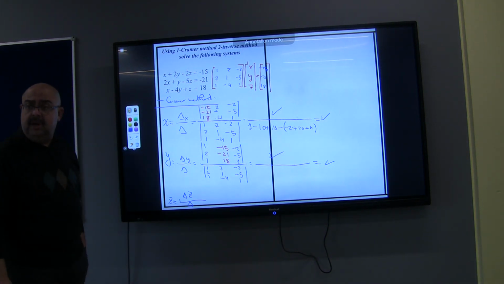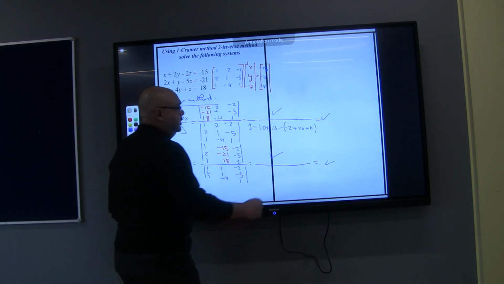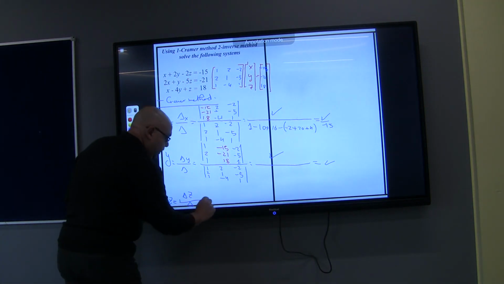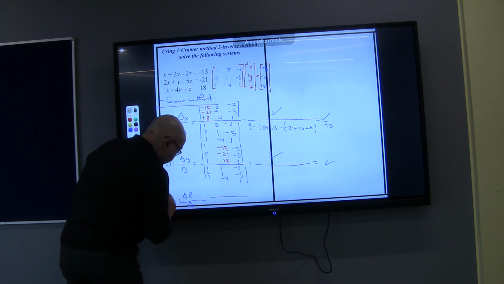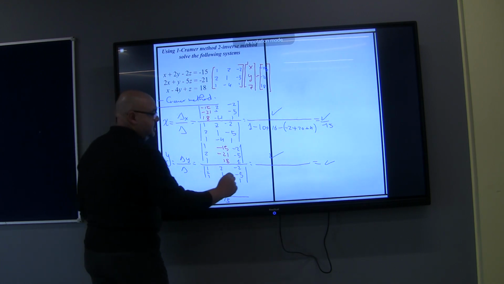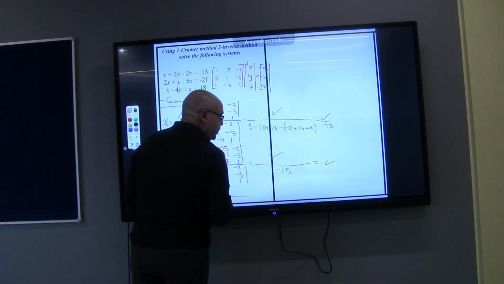What did you get? How much? Negative 15. So you will find the negative on top over negative 15. In a similar manner, for the last unknown, it's going to be negative 15, which is the value of the coefficient determinant.